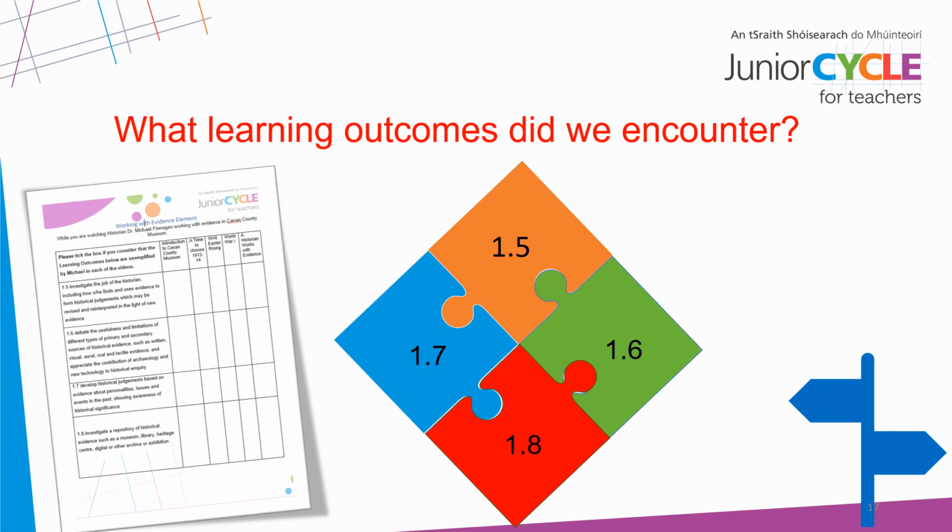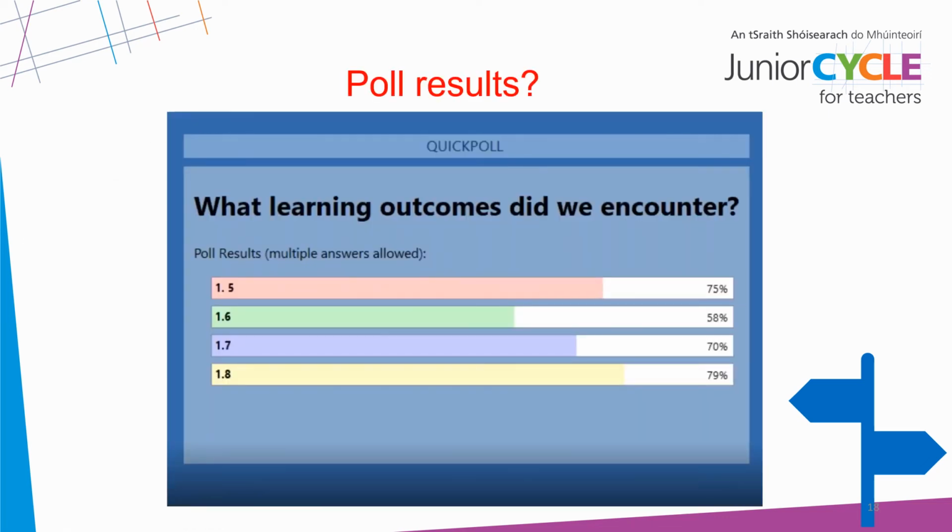So what learning outcomes did we encounter? Let's refer back to our handout. Working with evidence, we asked on the night of the webinar for participants to share with us which of these learning outcomes they encountered, as we all observed Michael working with evidence in the museum. So again, we launched a poll here. We can see the results of the poll that we ran on the night of the webinar, looking at what learning outcomes did participants encounter.